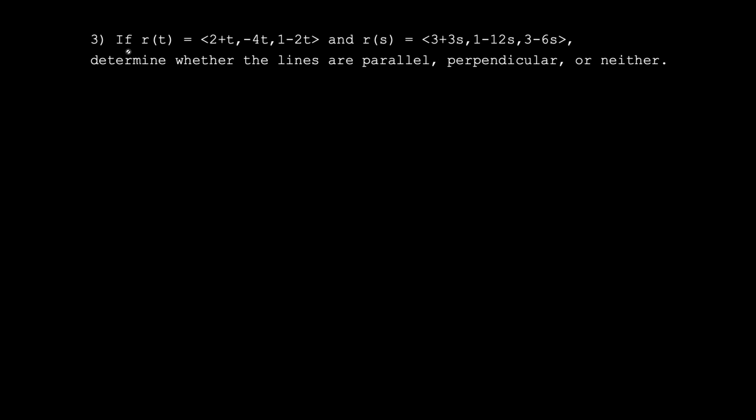So this will apply to lines as well, because lines are made out of two things. To make a line, we need two things, right? We need a point on the line itself, and we need a direction vector.